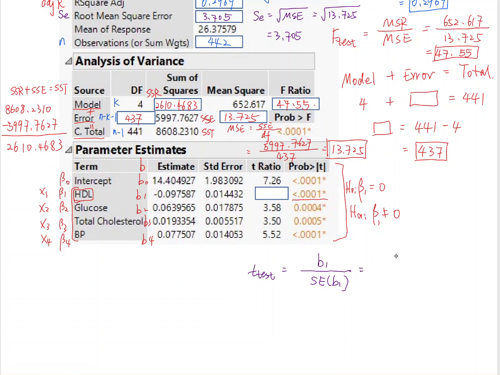So how to calculate the test statistic? We'll use the B1, which is negative 0.097587, divided by the standard error of B1, which is this, right? So it will be 0.014432, right? So if you calculate this, it will be negative 6.76.